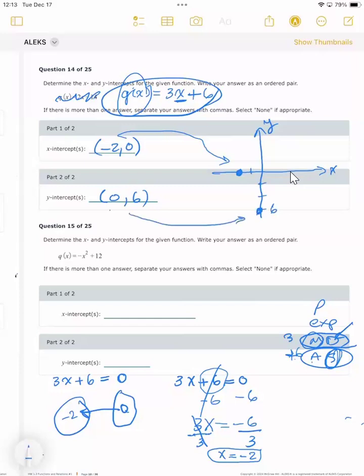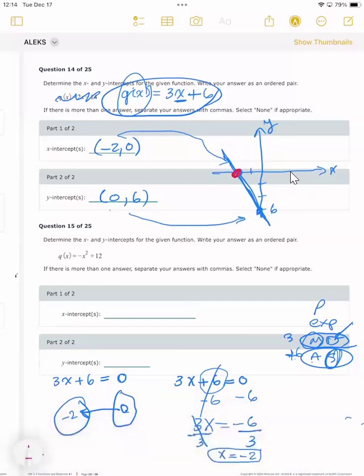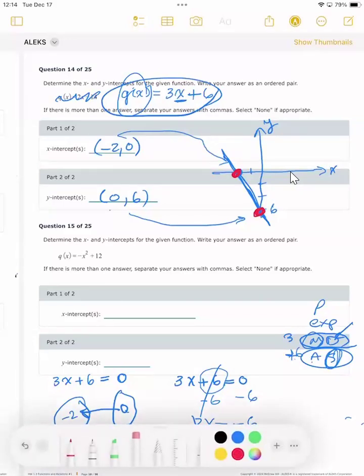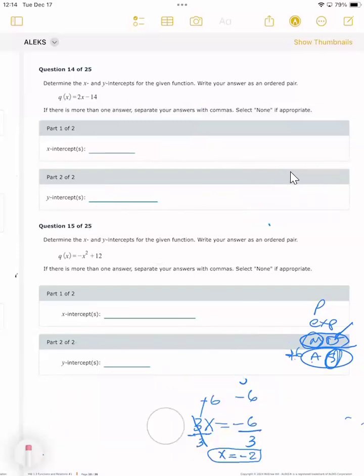That's this point. Since it's a linear equation, if I connect them, I have my graph. Again, where the graph crosses the x-axis is the x-intercept, where the graph crosses the y-axis is your y-intercept. So that's that. Let me make another example for the next problem.